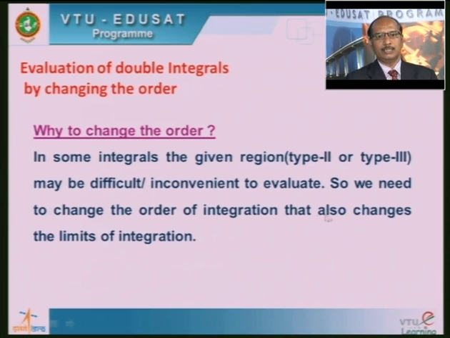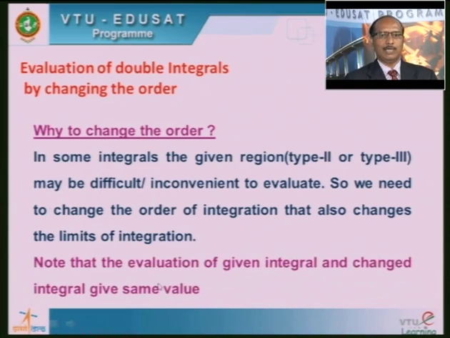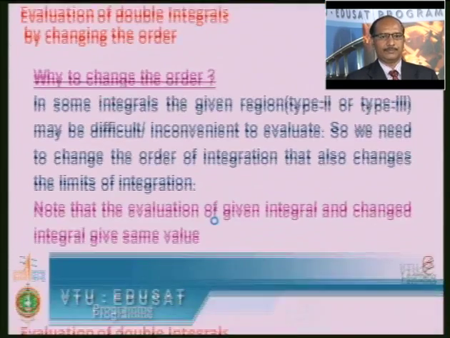Accordingly, you change the limits of integration. Note that the evaluation of the given integral and the changed integral gives the same value. We have seen in the previous problem, whether type 2 region or type 3 region, both give the same value. So, you can change any region to any region.